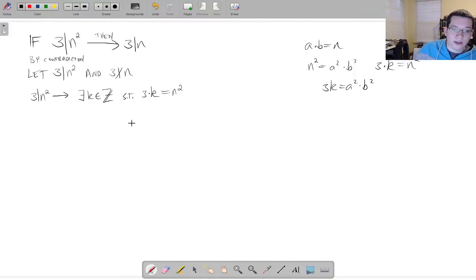Now we don't get to divide by n. That's not a valid move here because we're dealing with integers.